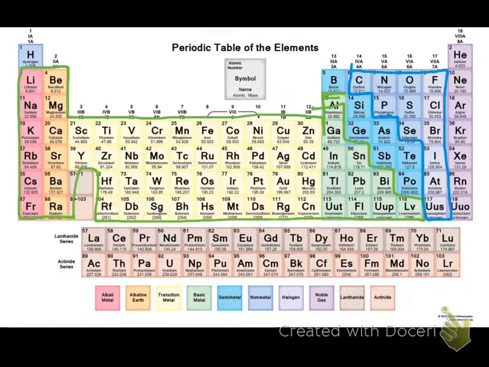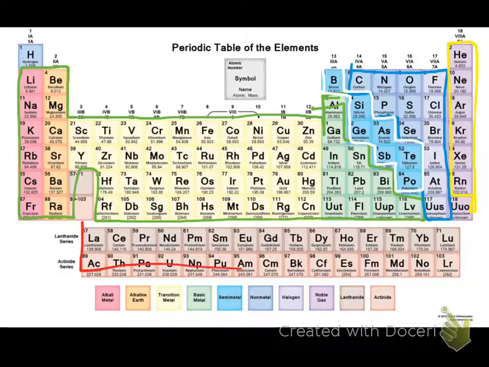The metalloids, which are these oddball elements that run along this zigzag line between the metals and nonmetals and have some characteristics of each. The noble gases, this group right here. And of course, the ones that you don't know much about yet, but you will learn, the lanthanide and actinide series. That's these guys down here at the bottom.